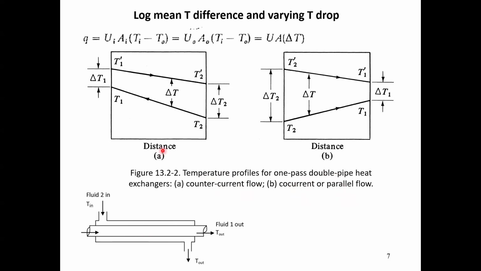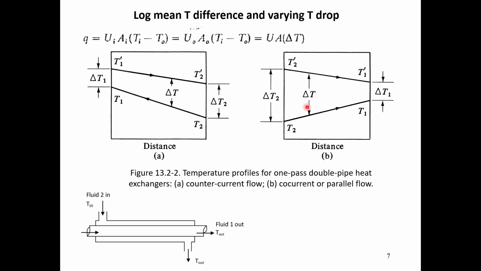This is the temperature profile for a counter current heat exchanger, where both fluids are flowing in opposite directions, as you can see by the arrows. We can also have a co-current heat exchanger where both fluids are flowing in the same direction. But irrespective of the type of double pipe heat exchanger, delta T actually varies.